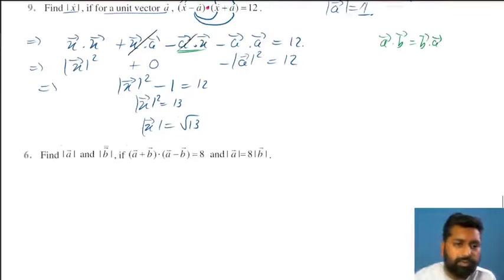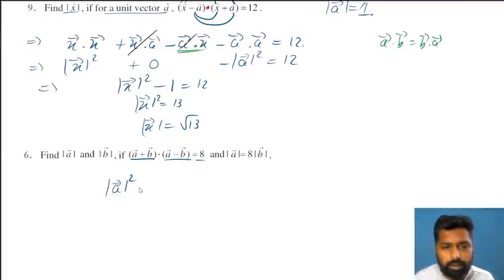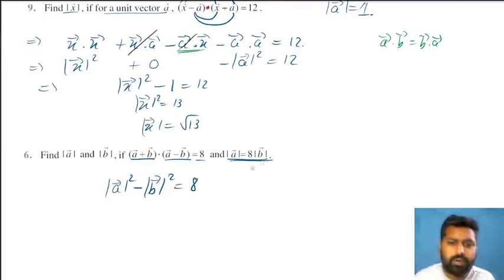So magnitude of a, magnitude of b, you have to find if a plus b dot a minus b is 8. Now this time I'm not going to open it with multiplying each and everything. We know we can apply the property, but only in dot product. So mod a square minus mod b square is 8. Now it's already suggesting that mod a is 8 times mod b.